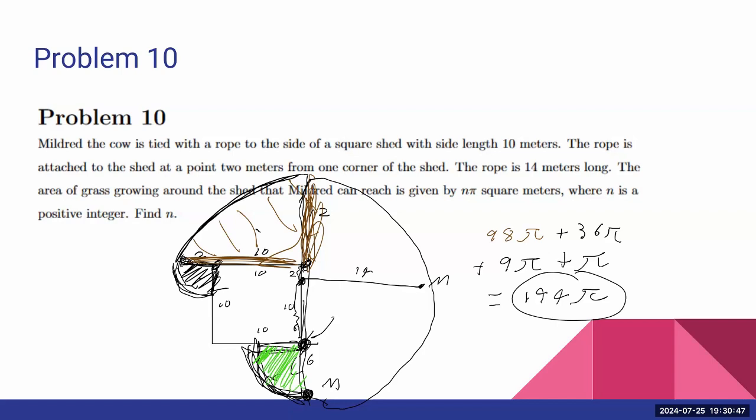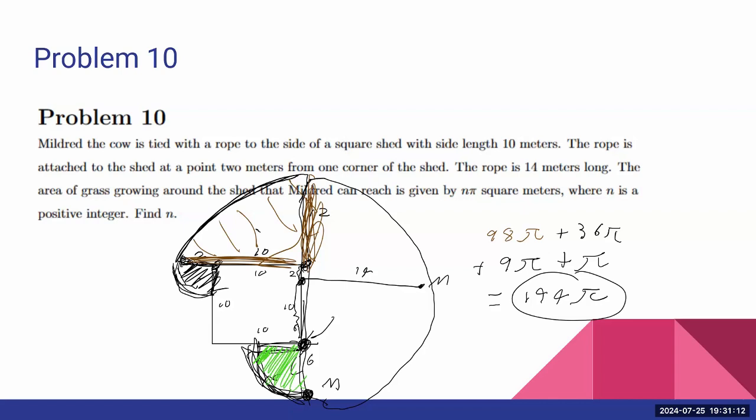This question is really good because it doesn't just make you apply one formula. You first have to find the region, and then we have to calculate the area. And at each one, we can't just say this is a quarter circle and we're done.